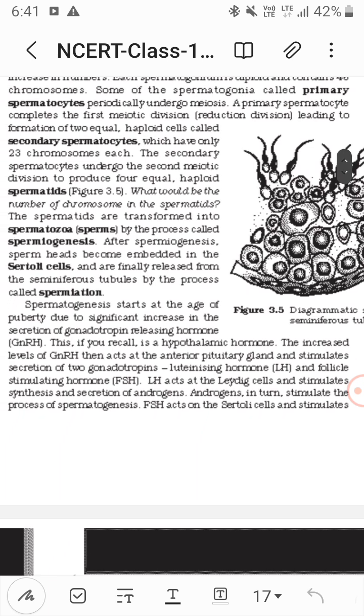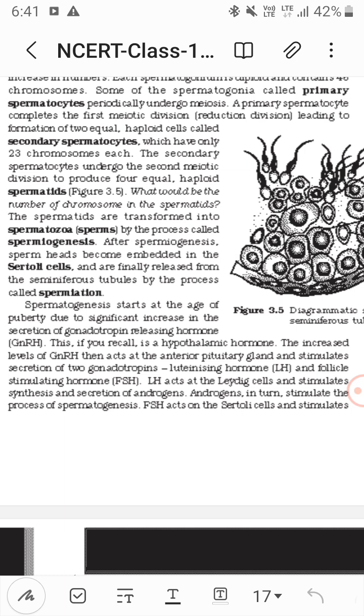Spermatogenesis starts at puberty due to a significant increase in the secretion of gonadotropin releasing hormone, GnRH. GnRH is a hypothalamic hormone secreted from the hypothalamus, and it acts on the anterior pituitary. The increased levels of GnRH stimulate the secretion of two gonadotropins, luteinizing hormone, LH, and follicle stimulating hormone, FSH.